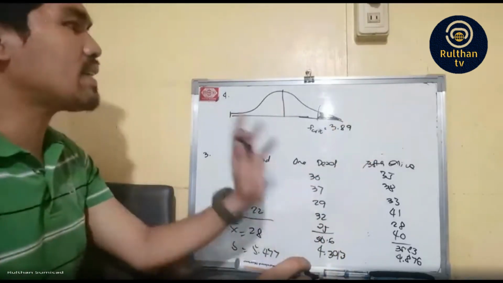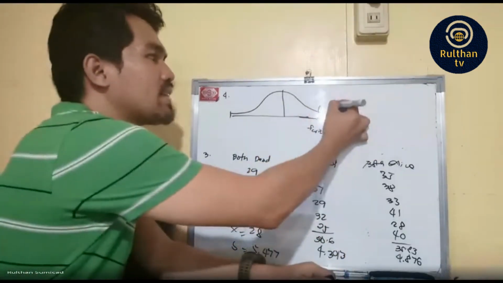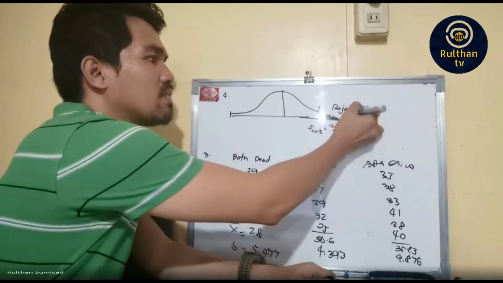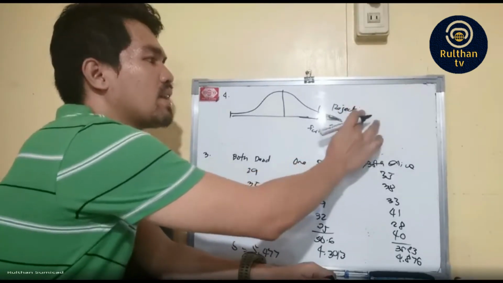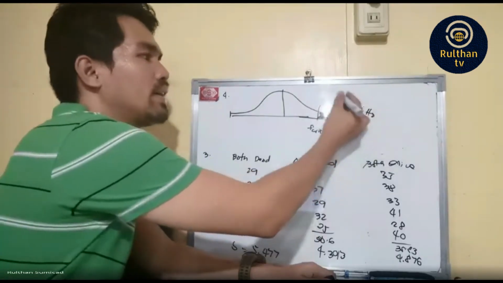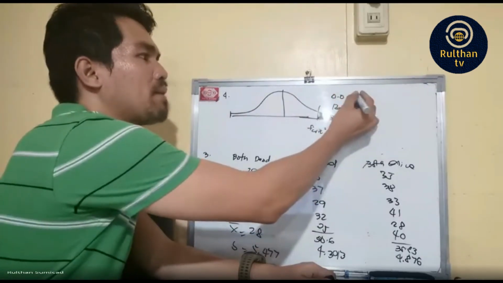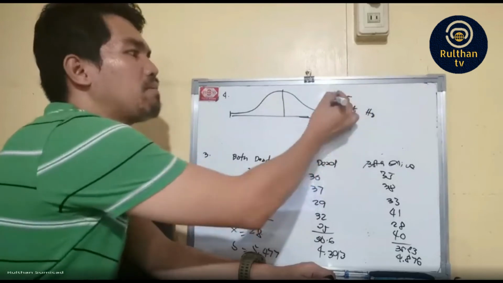As we have already set our rejection region, this is the rejection region, reject H0. This is equivalent to the 0.05 level of significance alpha.